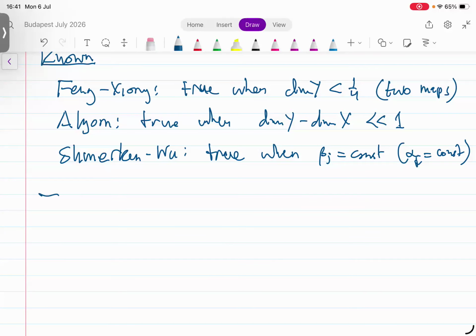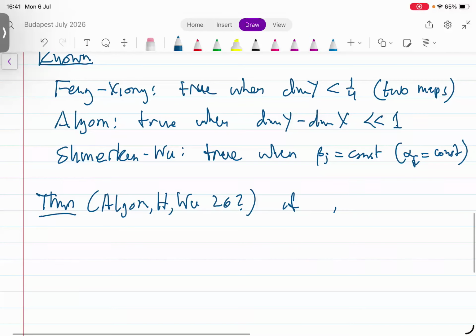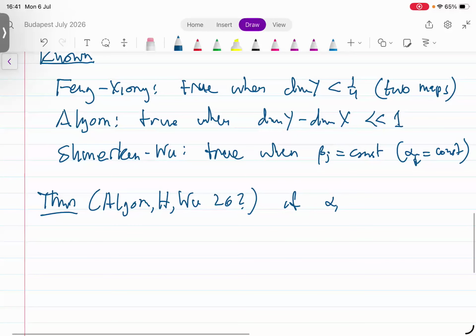And the theorem that I want to tell you about is a joint work with Algom, myself, and Meng. I guess it'll probably be published this year, maybe next year. And we don't solve the conjecture, but we can prove a number of things. So one of the things is that if alpha and the beta j's are algebraic, then it's true.